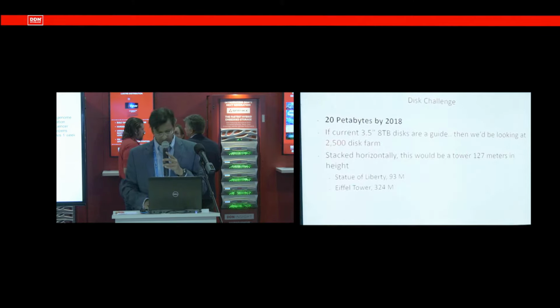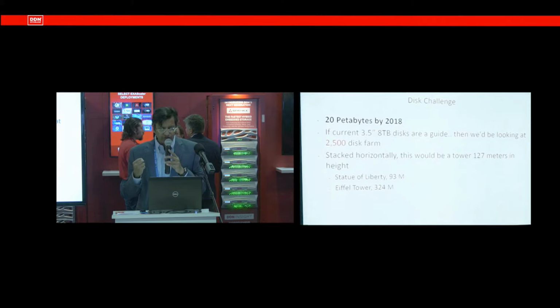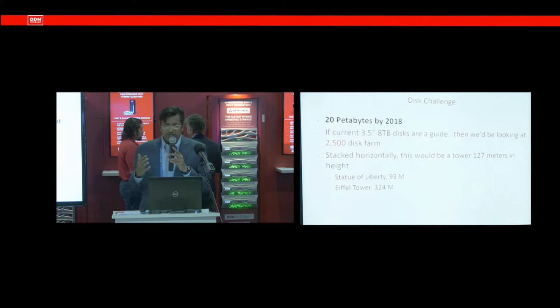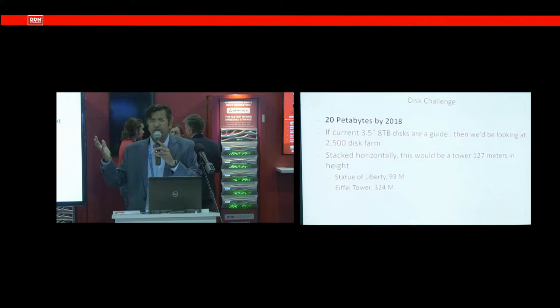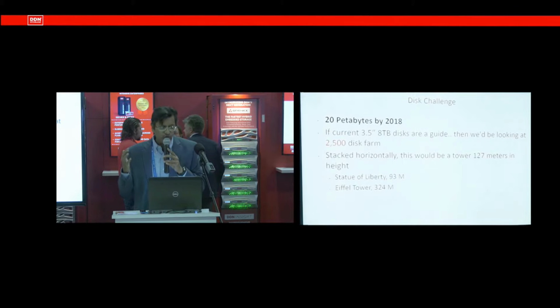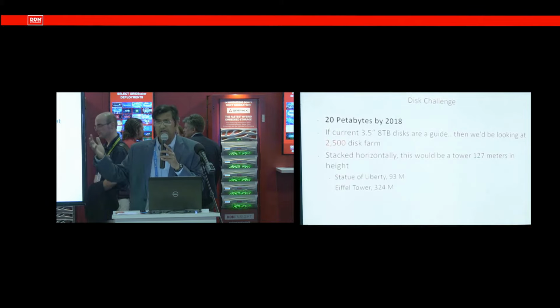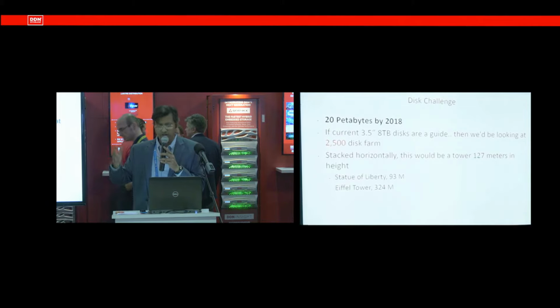Again, this is a huge disk challenge. If you take a 3.5-inch, 8 terabyte drive, and I know there are 10 terabyte drives available now, we're looking at a 2,500 disk farm for a 20 petabyte accession database that people download for changes and comparison.